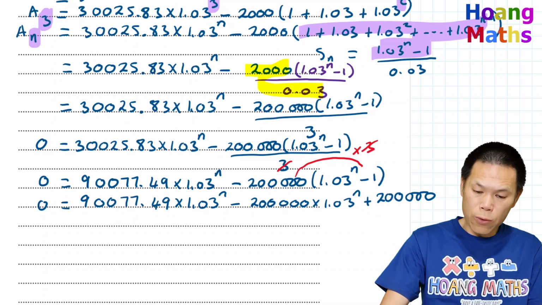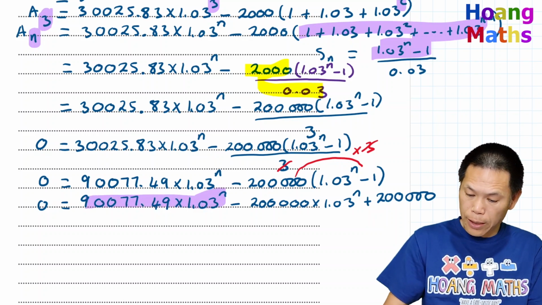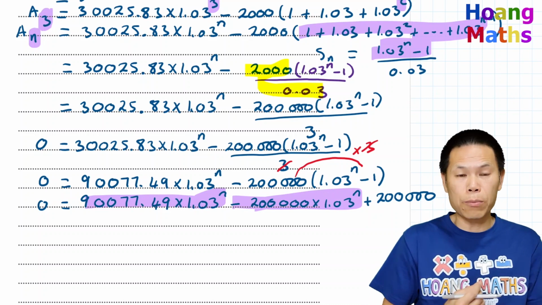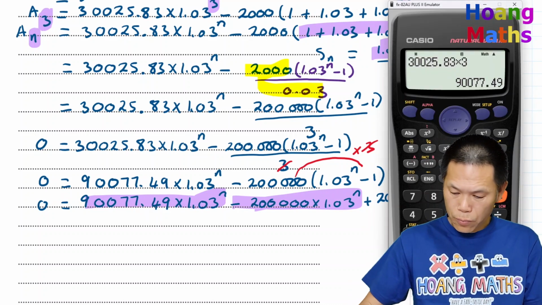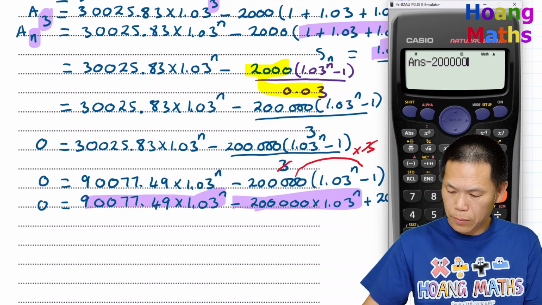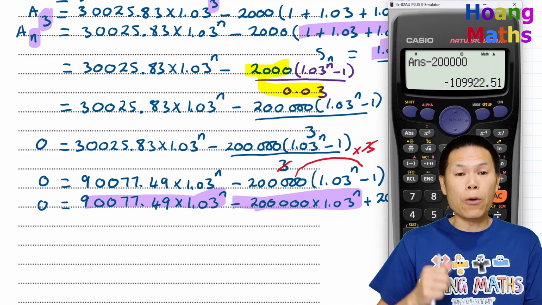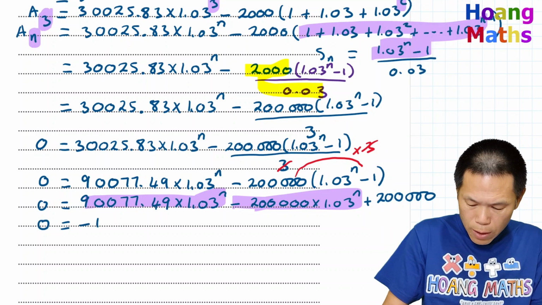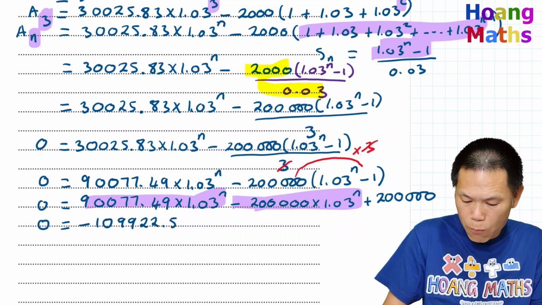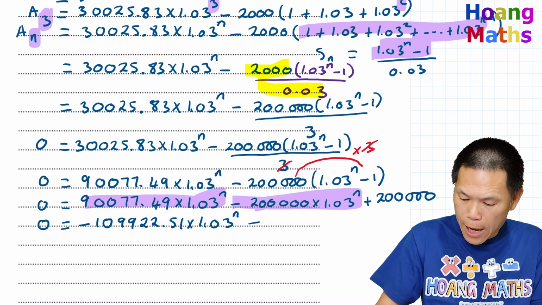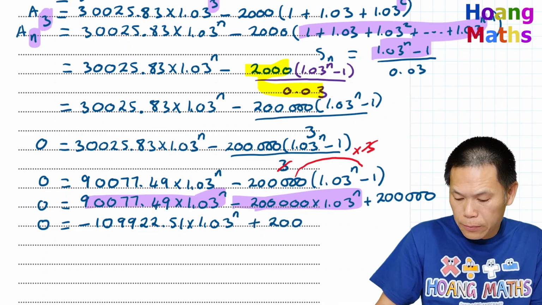So what I do now is just collect the like terms, okay? These two are like terms, so I just minus them from each other. So I just go, answer minus 200,000. So there you go. Let me write this down. So 0 equals negative 109922.51 times 1.03 to the power of n plus 200,000.